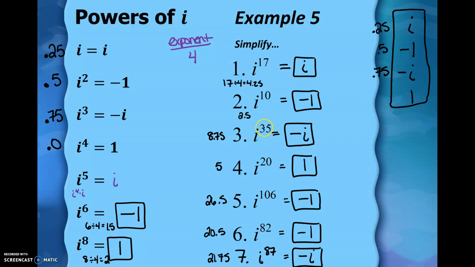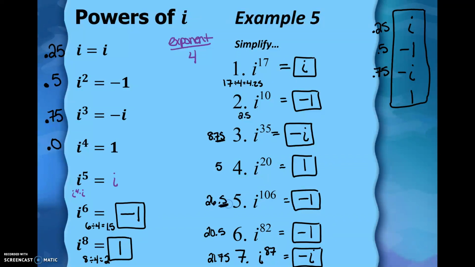Okay, so for each of these, I honestly forget where we started. I did 35 divided by 4. Take your exponent divided by 4. 35 divided by 4, I got 8.75. That 0.75 told me that it was -i. Number 5, 20 divided by 4 is 5, no decimal, so that one simplifies to 1. Number 5, 106 divided by 4 is 26.5.